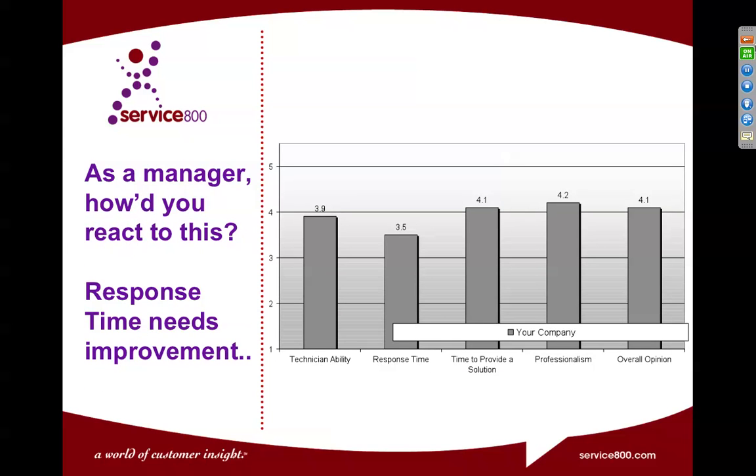As a manager, when you see this kind of variation in different characteristics of how you serve your customers, how you measure the service quality that you're delivering, it'd be very natural for you to look at response time, which in this example is a 3.5. It's the lowest of the bars that you see. It would be very normal and natural to say, well, I need to focus on my response time and bring that up more to the level of the other characteristics which I am delivering.